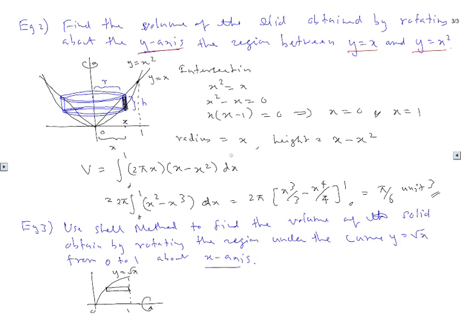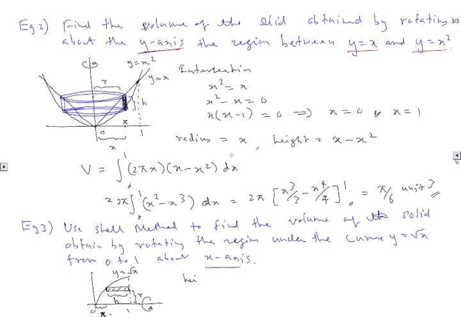The shell radius is always how far you go from the axis, and then there's the shell height. We pick a point on the x-axis, so that's the x coordinate. So we have height.